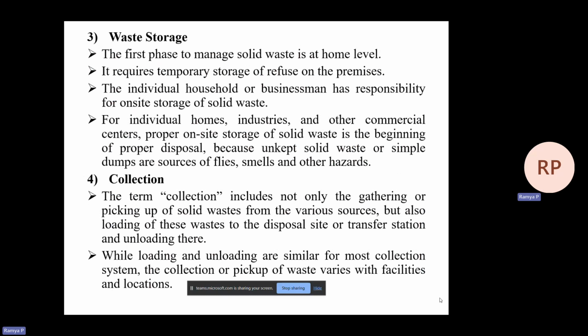The next one is waste storage. Here, in the first phase, we speak about how to manage the solid waste at the home level. Waste storage requires temporary storage of refuse on the premises. An individual household or a businessman has the responsibility for on-site waste storage.